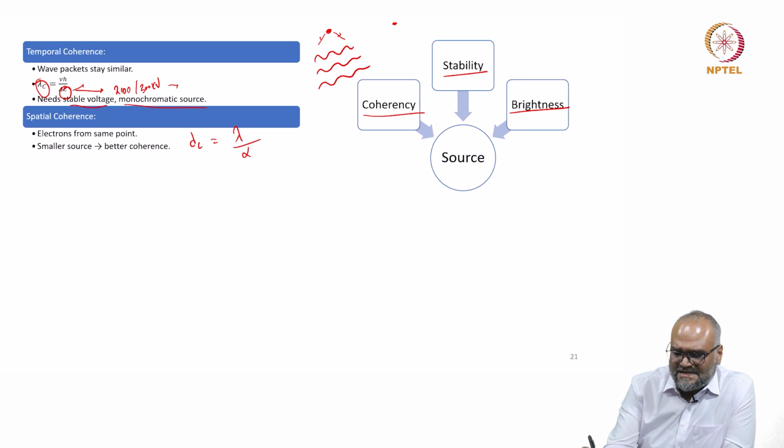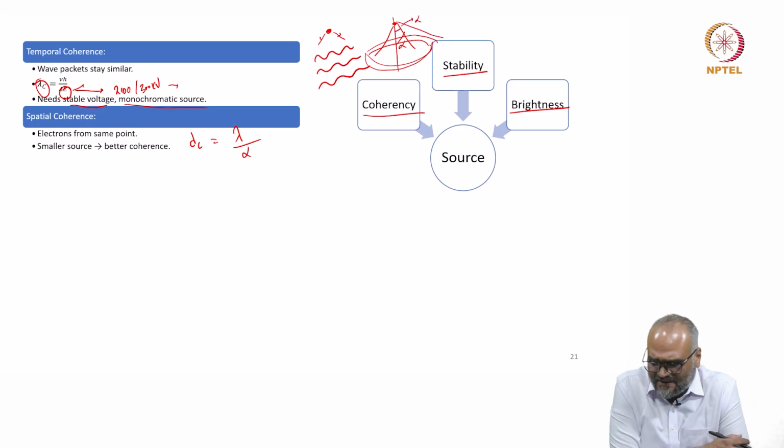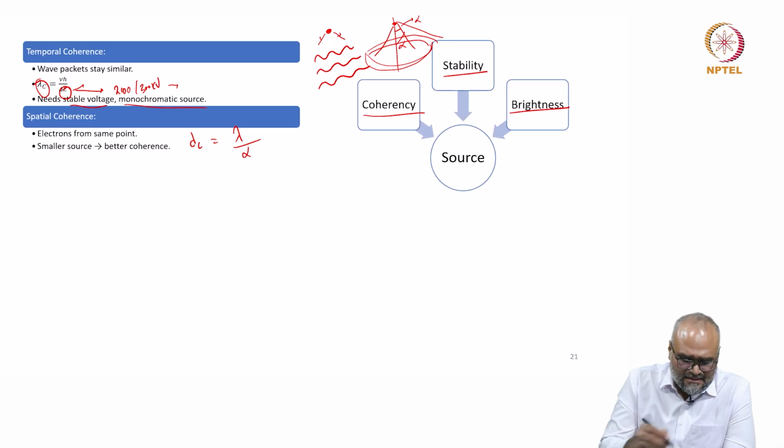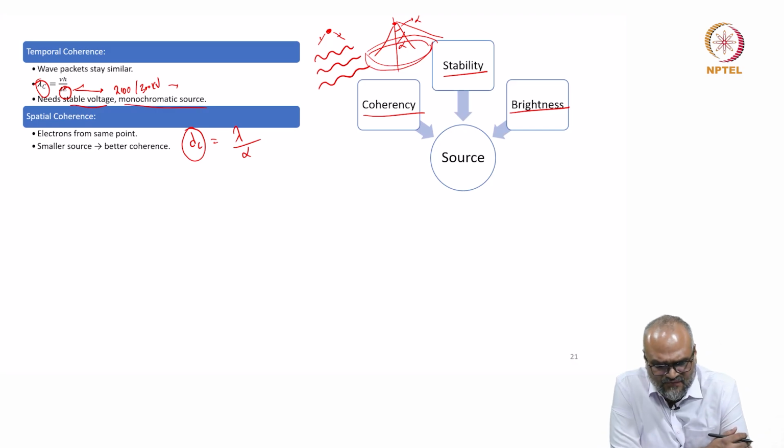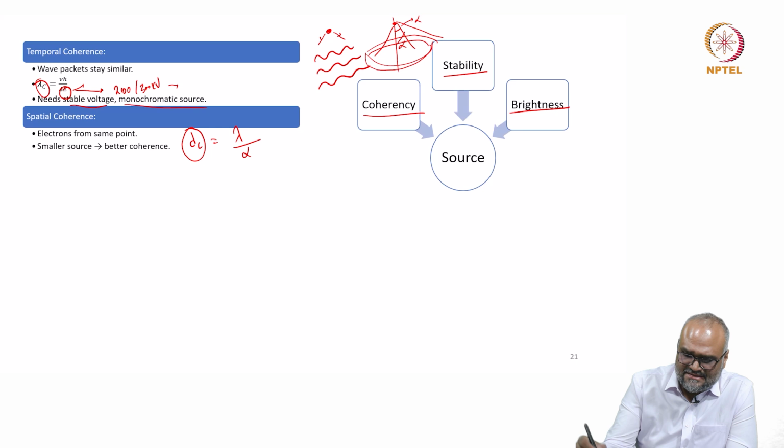The same electrons emanating over three dimensions beyond the electron gun are now emerging over an angle alpha. The smaller the region from which I have the emission of the electrons, the better.